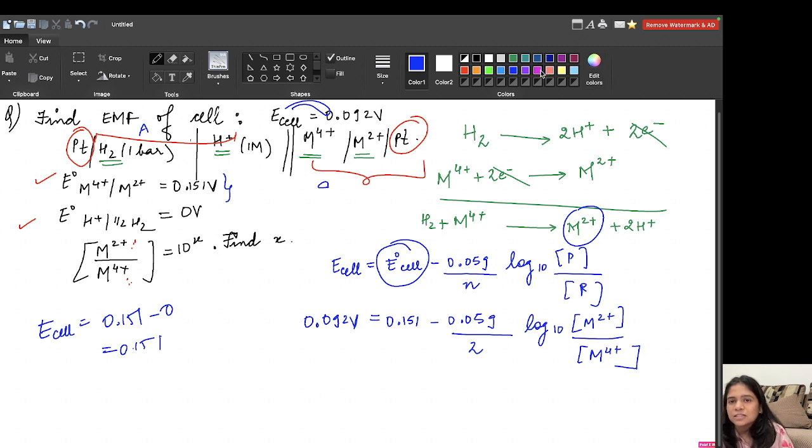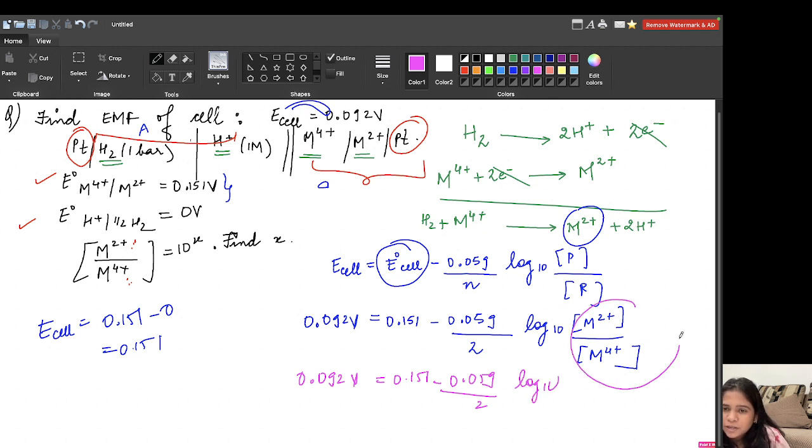Now what? Basic algebra. 0.092 volt will be equal to 0.151 minus 0.059 by 2 log base 10. Now this value is already given to us, 10 to the power x. You need to find the value of x, so this x will come in front. 0.092 volt equals 0.151 minus 0.059 by 2 into x.